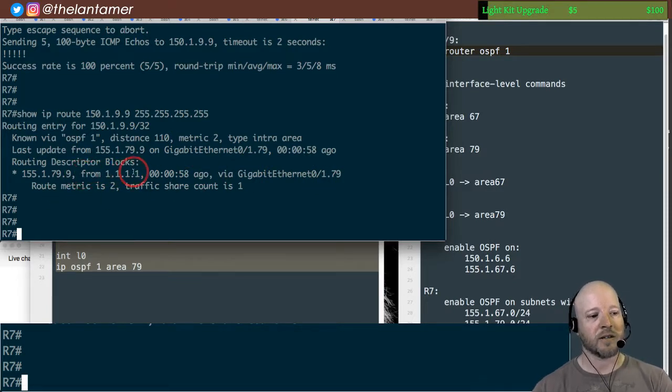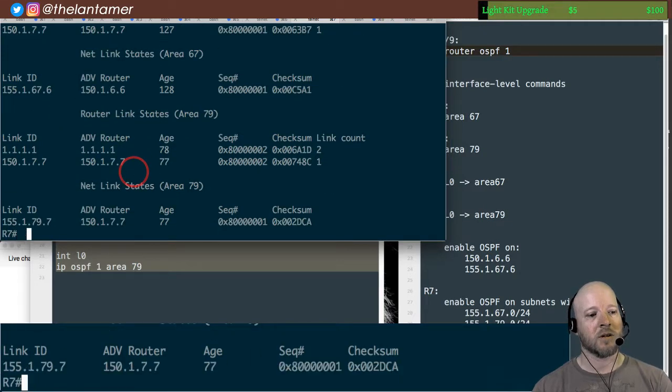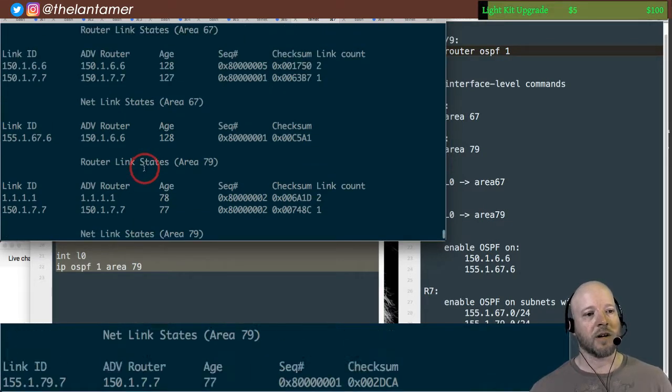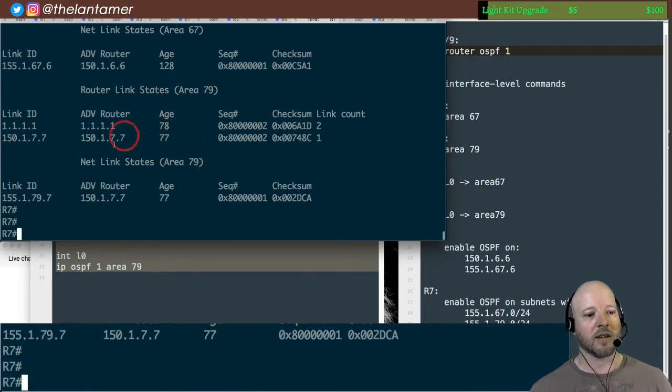But how do I know that from the OSPF database? Because I don't see anywhere a reference to 150.1.9.9.